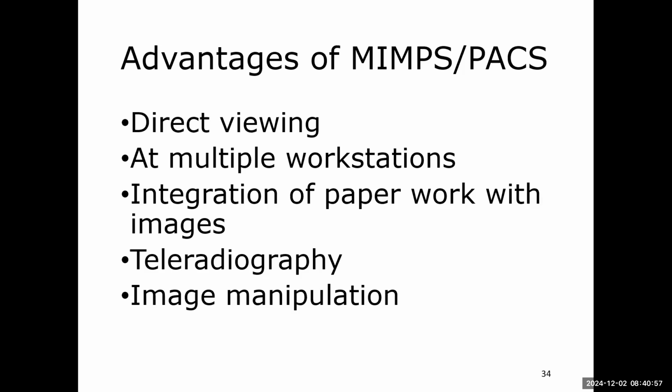So if you had a surgeon in the operating room who had the films hanging there trying to do the operation, and they had a question about something, the radiologist couldn't see the films, right? So that was an issue. So when we say that an advantage is that you can see those images in multiple places, that was life-changing, right? It was also life-changing because now we didn't have to worry about films getting lost.